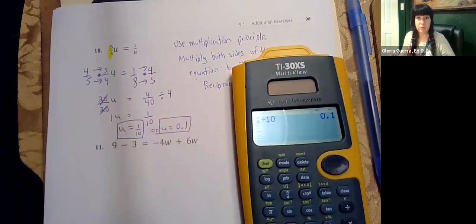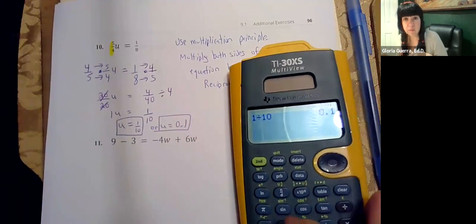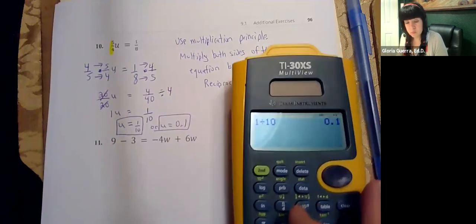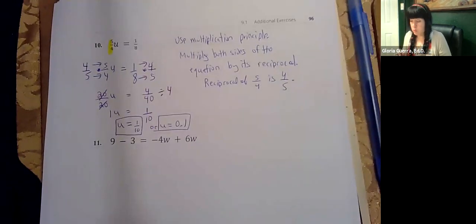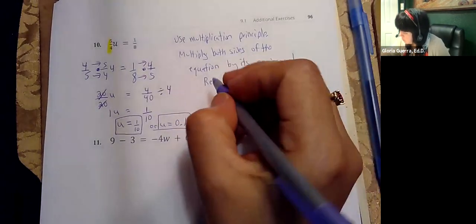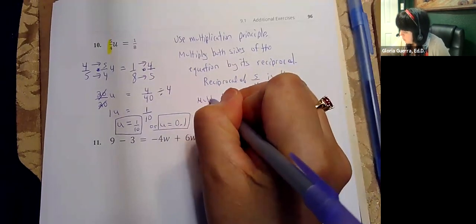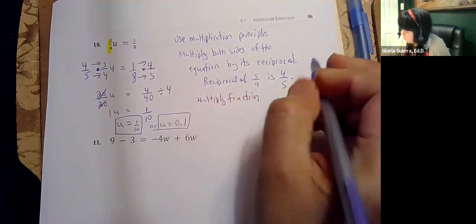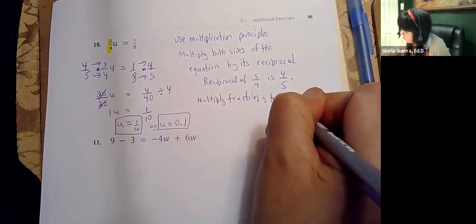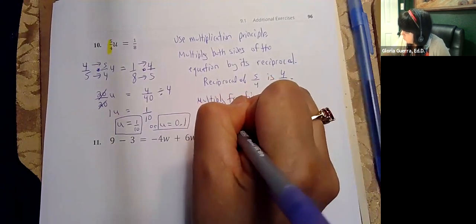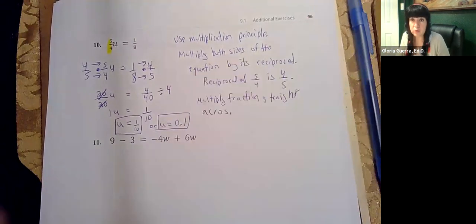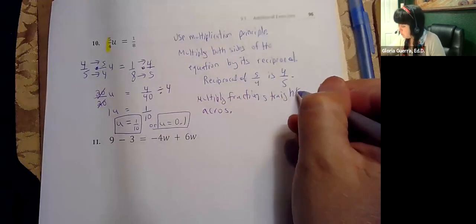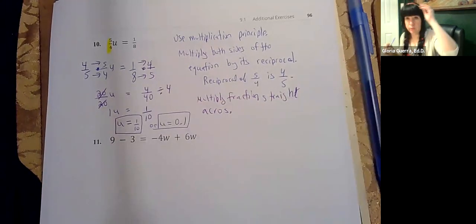So we're doing long division, and we did that 1 divided by 10. So I'm going to make a note here that we had to multiply fractions straight across. Multiply fractions straight across.